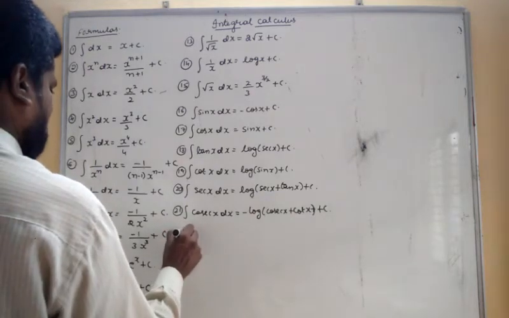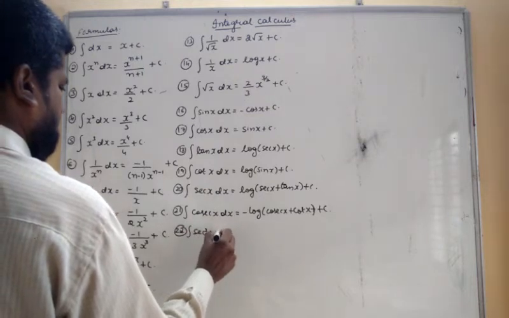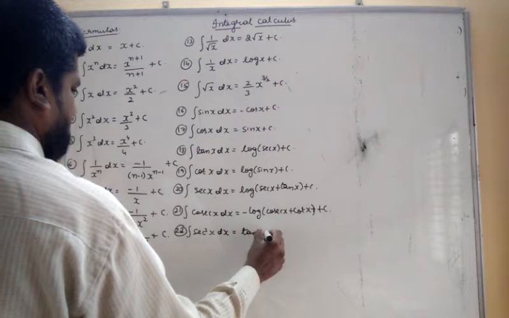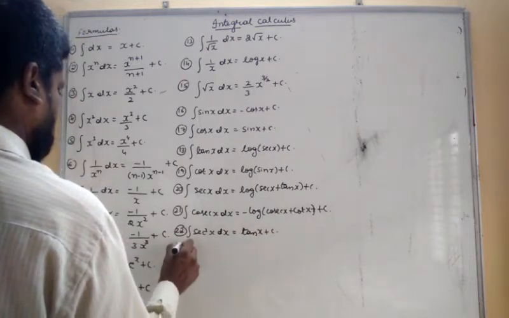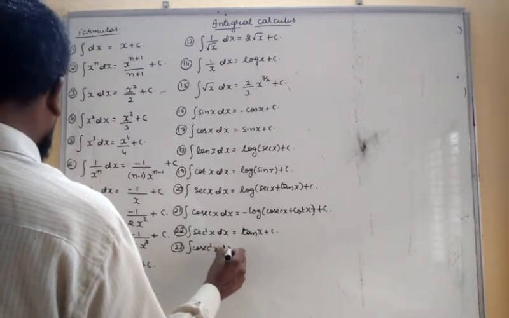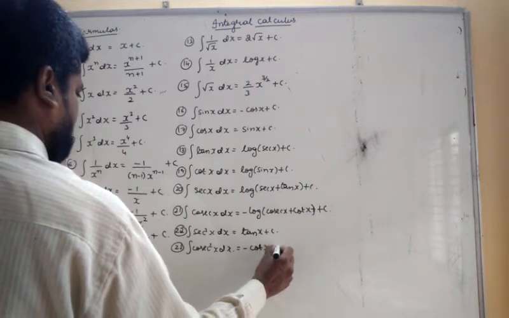Then integration of secant square x dx is equal to tan x plus c. Then integration of cosecant square x dx is equal to minus cot x plus c.